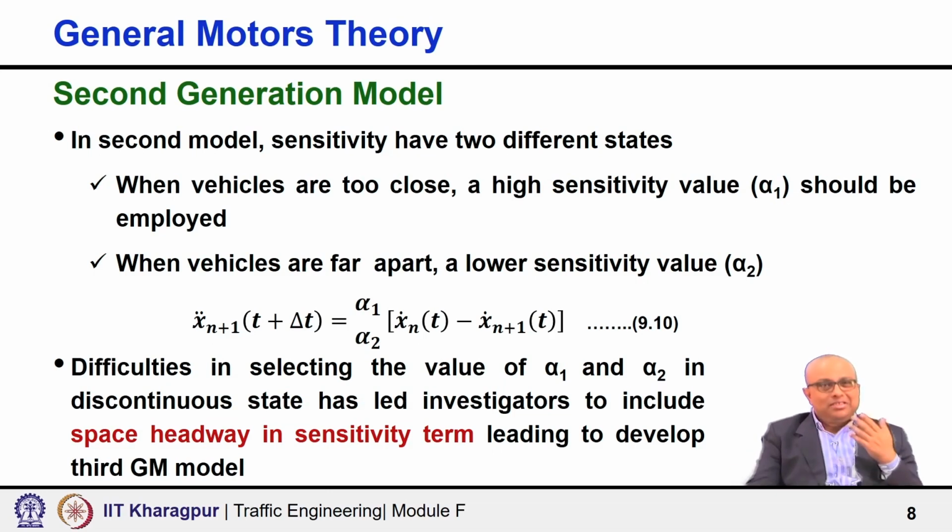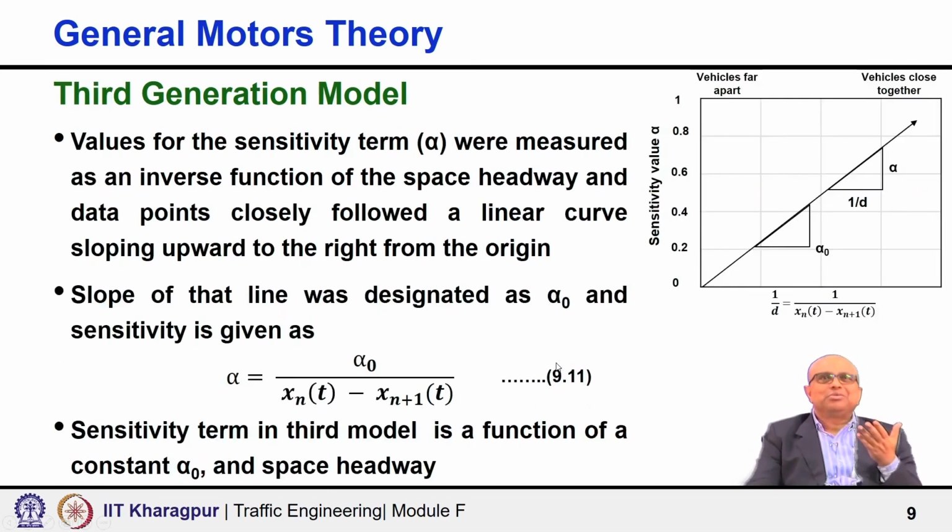That was done. That led to the development of the third generation model. So, various values of the sensitivity term alpha were measured as an inverse function of the space headway, and data points closely followed a linear curve sloping upward to the right of the origin.